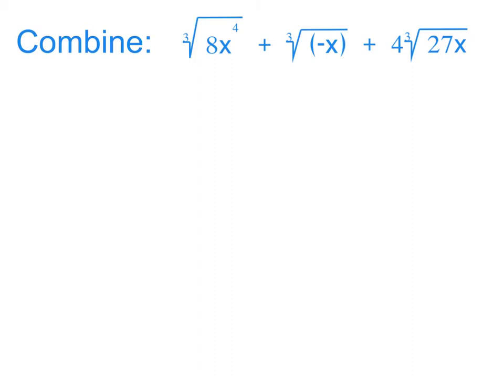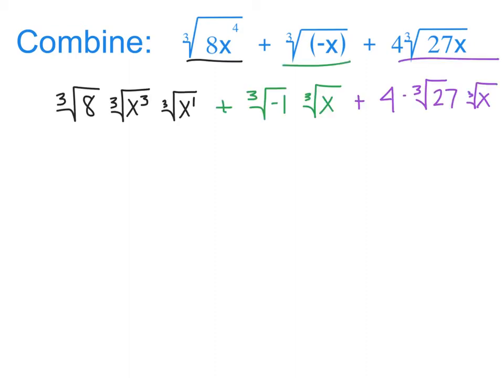And I'm going to take that a step further and I'm going to combine like terms. So this is like working with a polynomial, same rules apply when I work with radicals. What I'm going to do is I'm going to simplify each of these terms and combine what I can. So here I have broken up each of these terms, and what I notice is I've got this in all three of them.